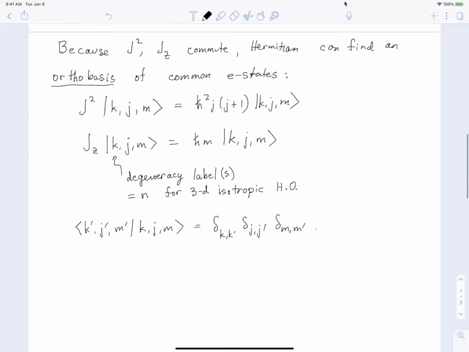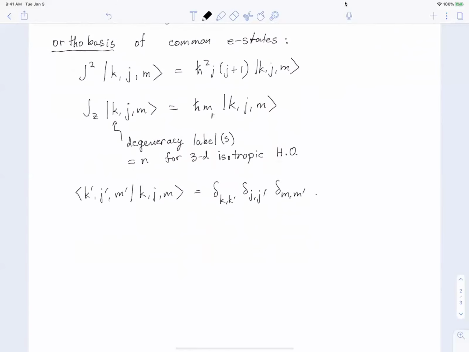Now, about this m label, for the special case of orbital angular momentum, so that's when j sub z equals l sub z equals x p_y minus y p_x, then we found that m was an integer.